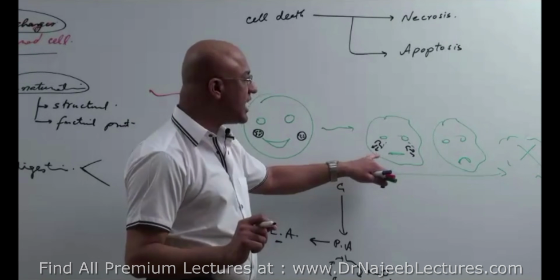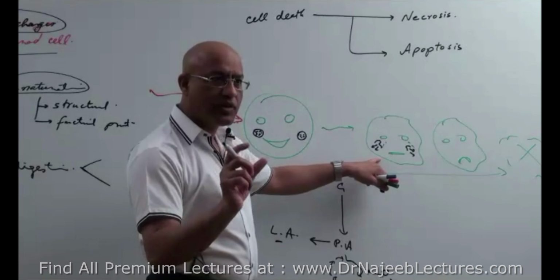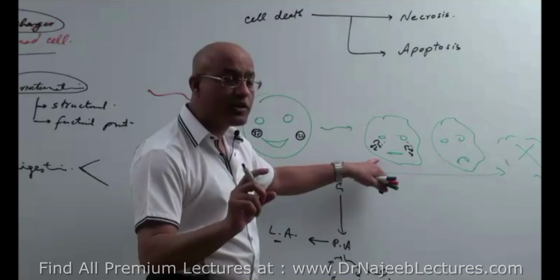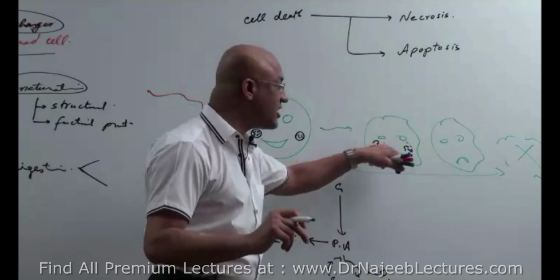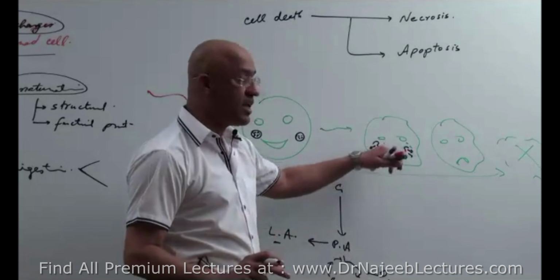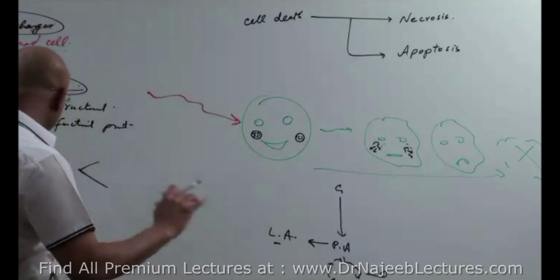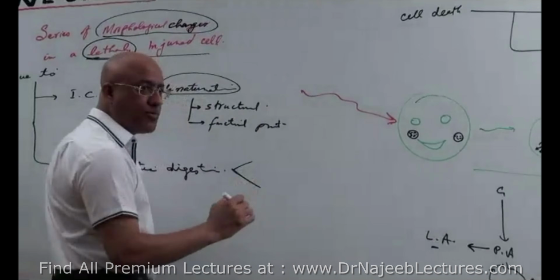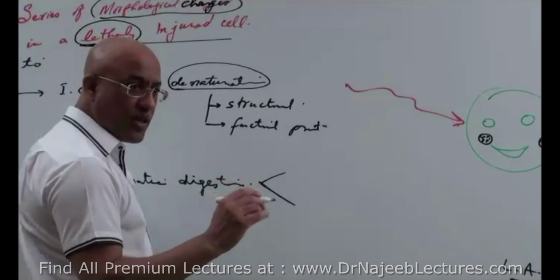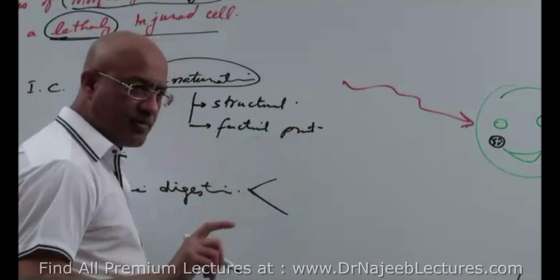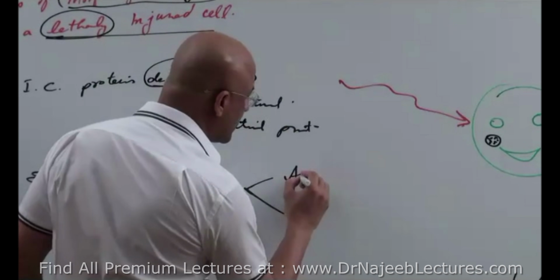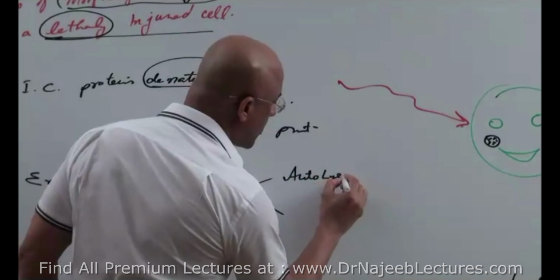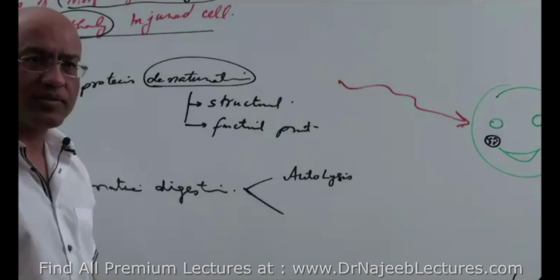Now, this digestion of the lethally injured cell can occur due to enzymes which are present within the cell, like enzymes of the lysosome. Such digestion of a cell by its own enzymes is called autolysis.